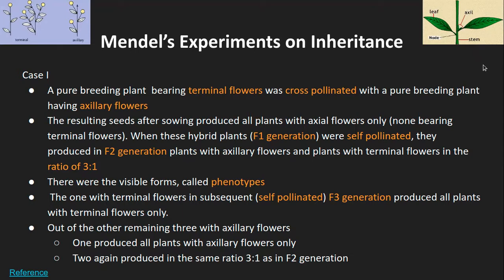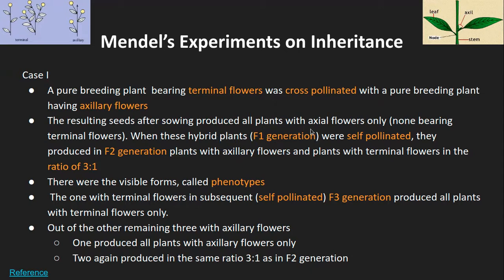Simplest, right? Because the axillary flower characteristic, that particular allele, is dominant, even if there is a terminal flower allele present in that particular flower, it will not be expressed. So all of the flowers will form axial flowers. That's what happened in the F1 generation.